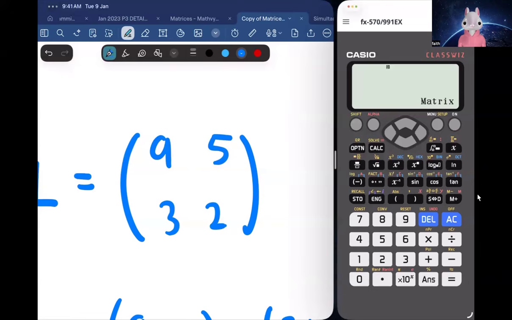Right, then press x to the power minus 1, and then press equal.